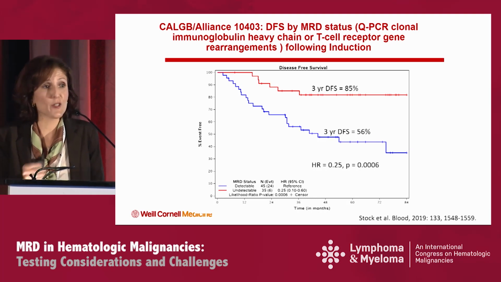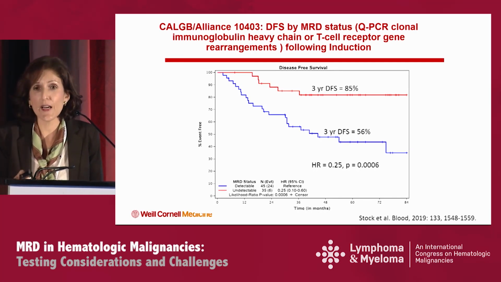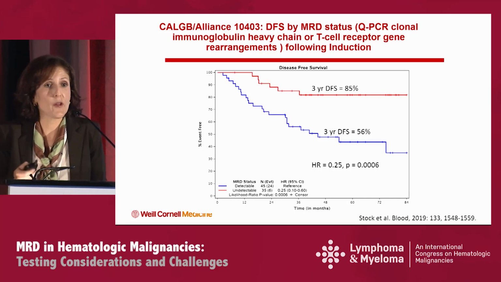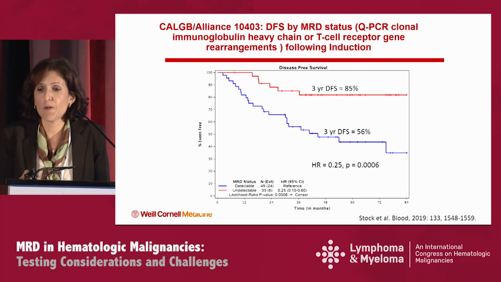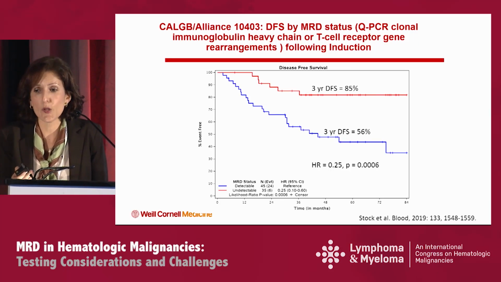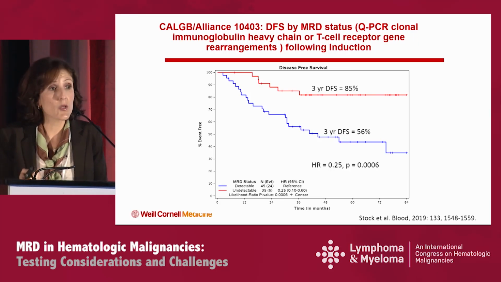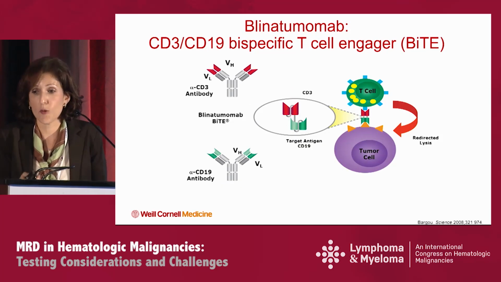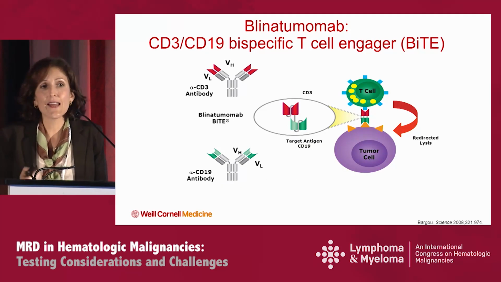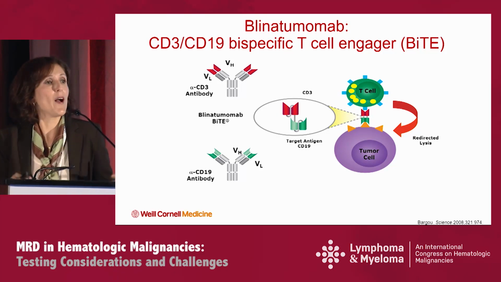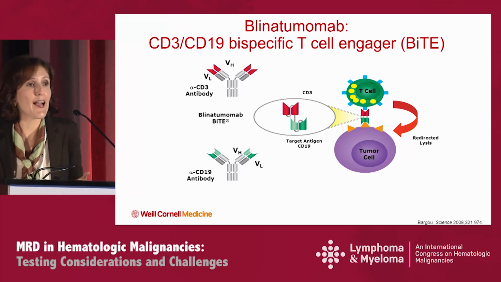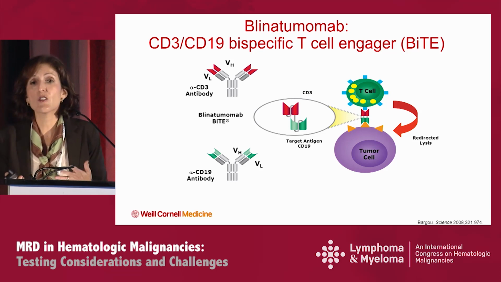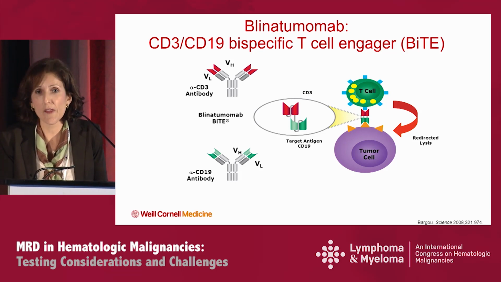It should be measured. If you're not sure how to check it in your ALL patients, please check with your lab and call whoever your favorite leukemia person is to ask the question, because it matters enormously for these patients to be correctly categorized as MRD negative or not. In addition to that, in ALL is what we want to have for AML, which is that there's a drug here that helps us with MRD.